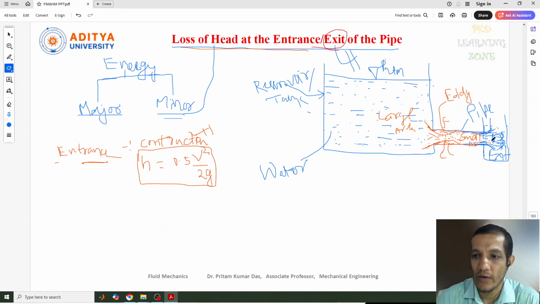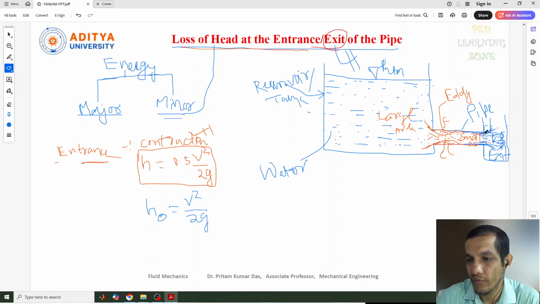So in this condition, the loss of head due to the exit of the pipe, we can consider that as H, or you can say the exit outlet condition HO, we can write. This is nothing but V square by 2g. So the energy is lost in the reservoir.